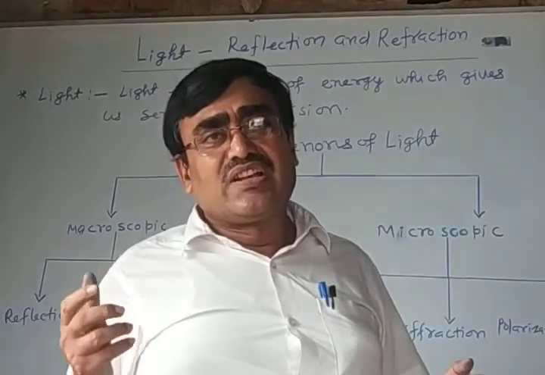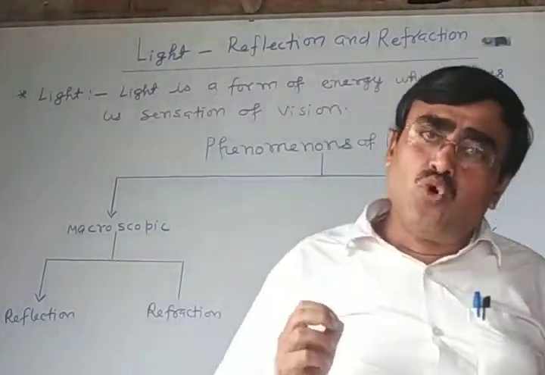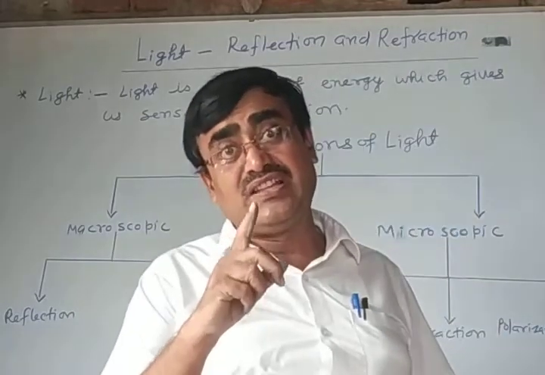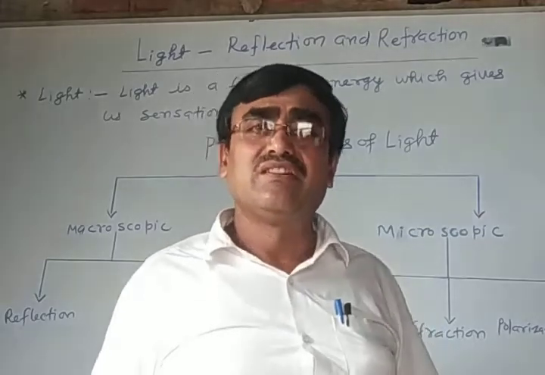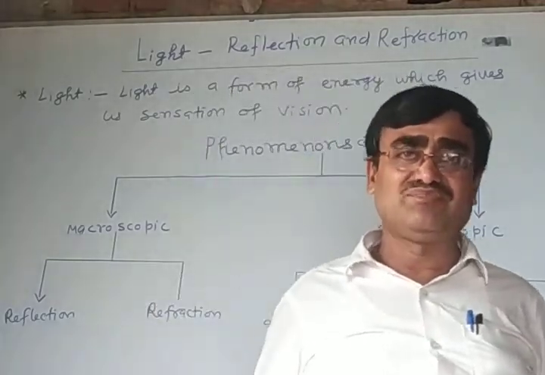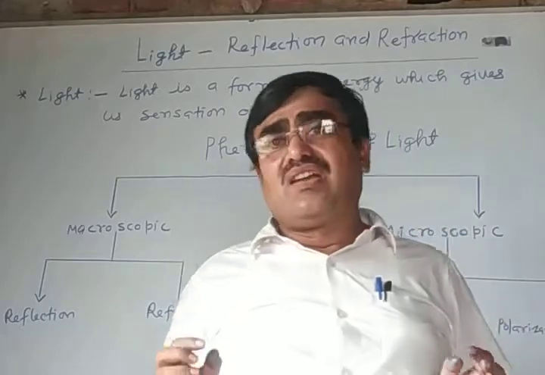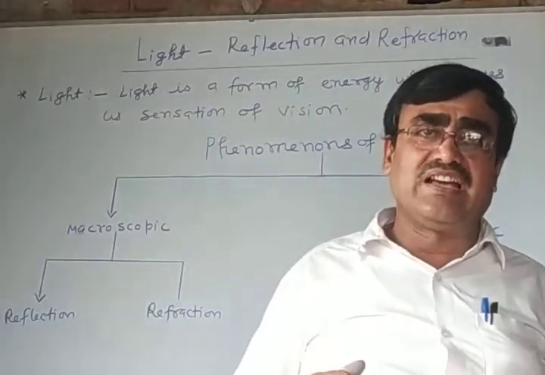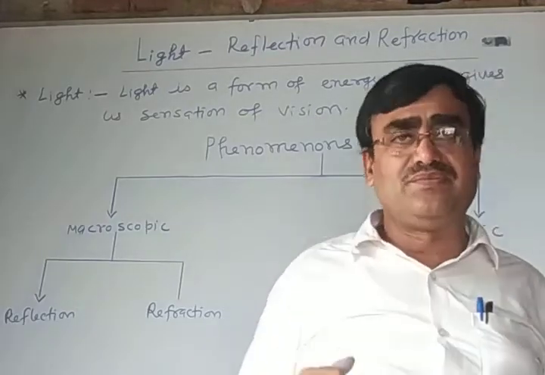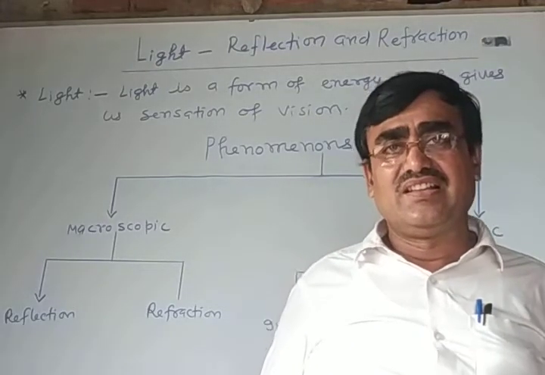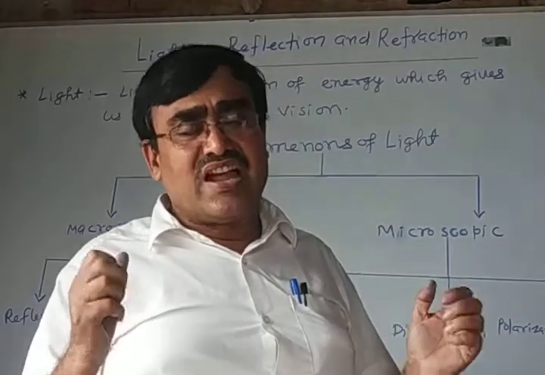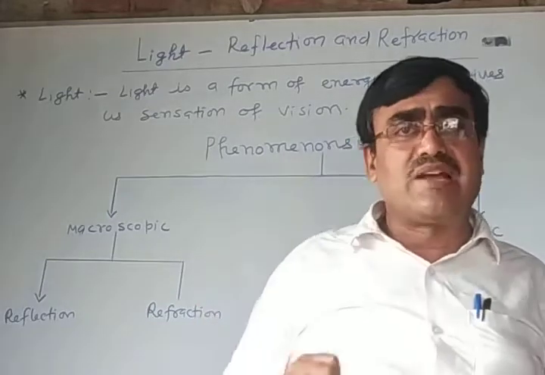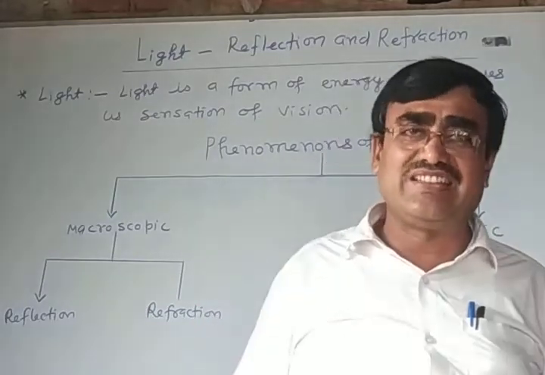Light can easily move in vacuum, while sound does not propagate in vacuum. Light shows both particle nature as well as wave nature. Later, scientists gave the concept of the wave nature of light.